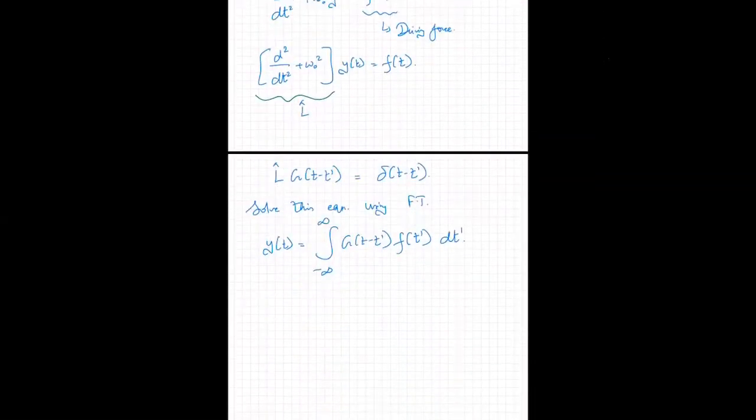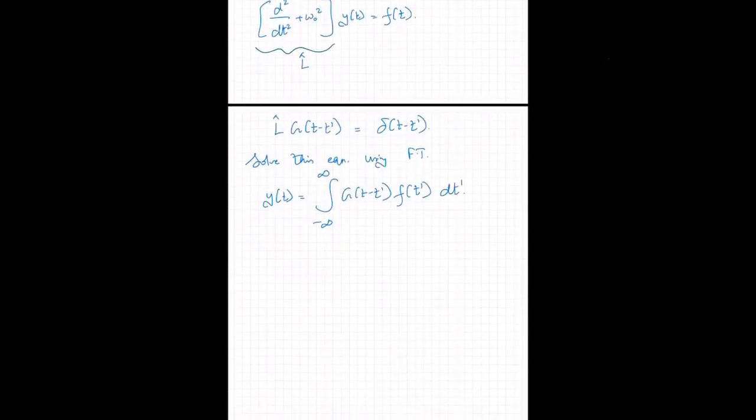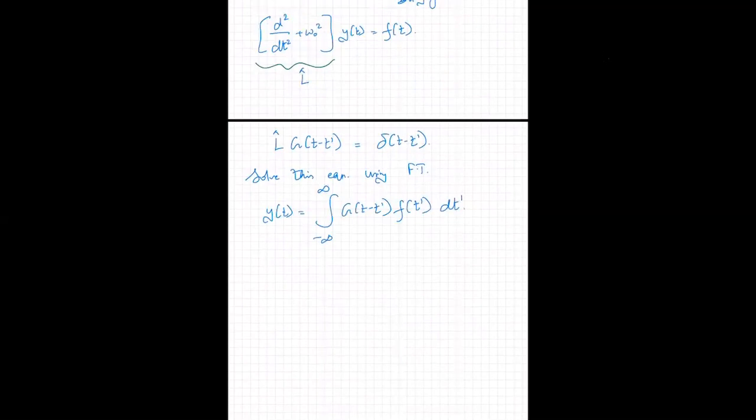Then the integration on the right-hand side would also involve a y of t prime, and that would not be a solution anymore. That would be an integral equation. I'll explain what this means in the context of the Schrodinger equation. But essentially, this is what we'll be doing for the problem at hand, which is scattering theory.